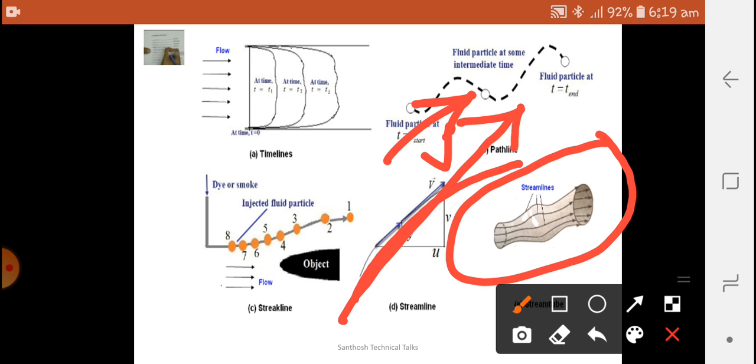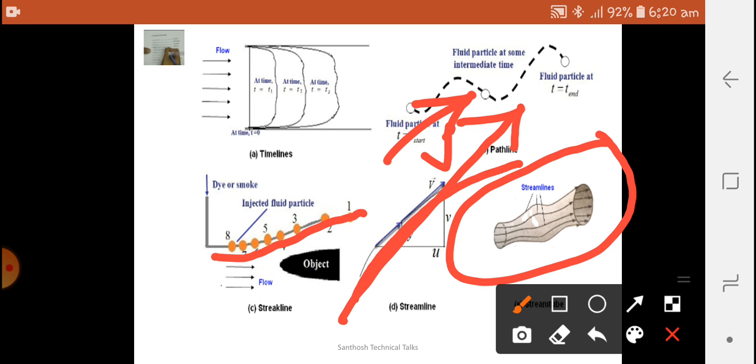The streak line is the line traced by the continual motion of fluid particles away from the object. So that is called a streak line.